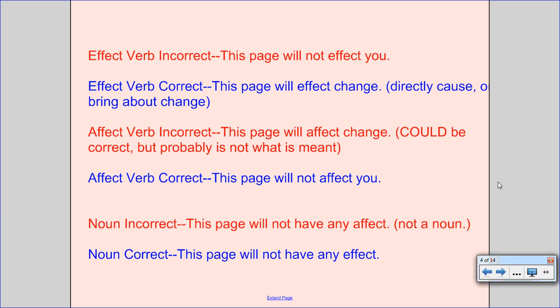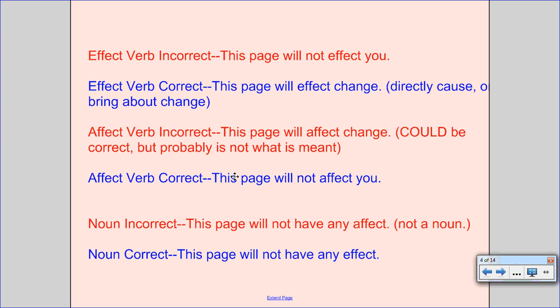Some examples for you. Effect used as a verb incorrectly: this page will not effect you. Affect used as a verb correctly: this page will affect change. And you see the difference because in this case, affect is an action, which is the verb. Effect used as a verb could be correct, but it's not what the writer is trying to say.